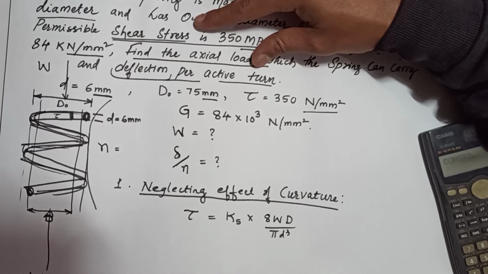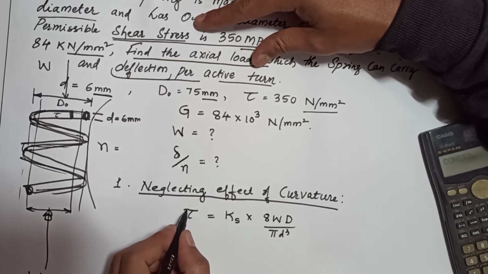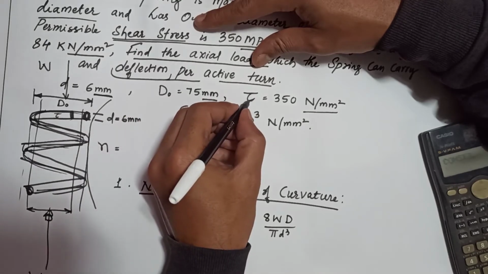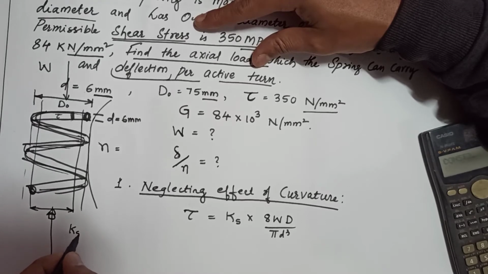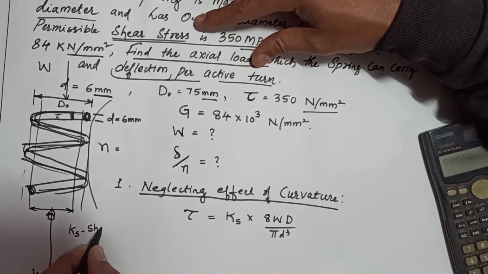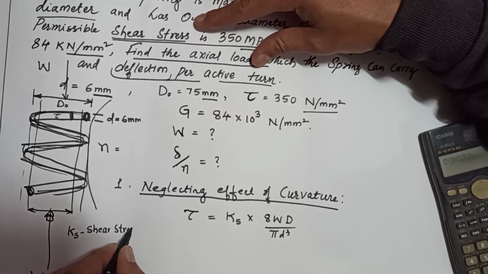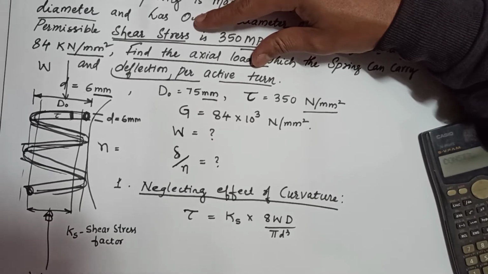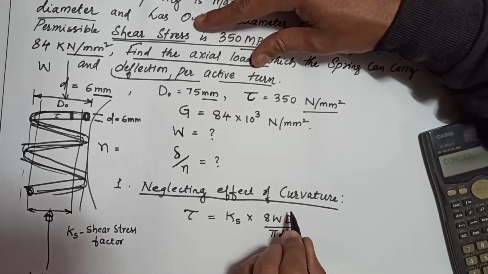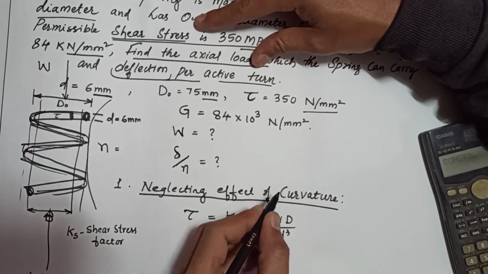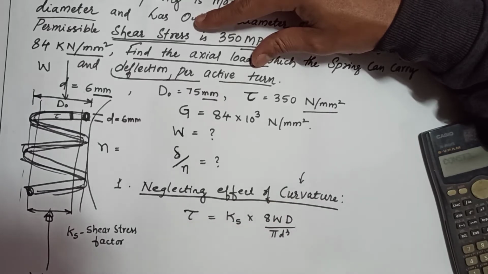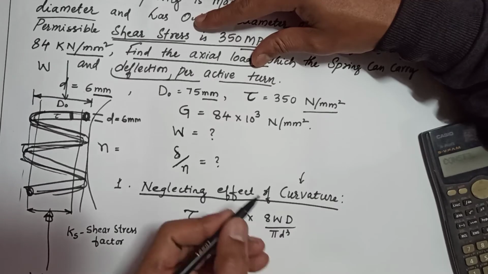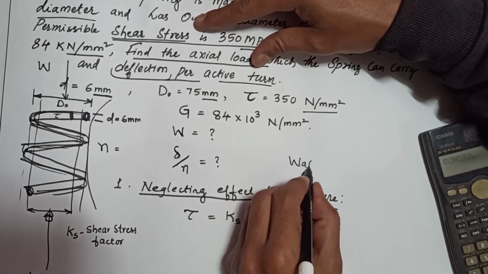Now I will explain all the terms used here. Tau, as you know, is the maximum shear stress, and K suffix S is the shear stress factor. From the data handbook, two equations are given for K, one considering the curvature and another neglecting the curvature. By considering the curvature, we have to consider Wahl's factor.